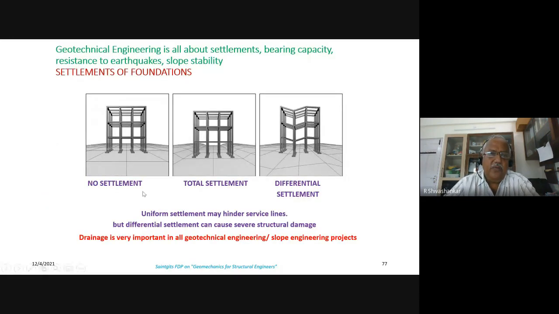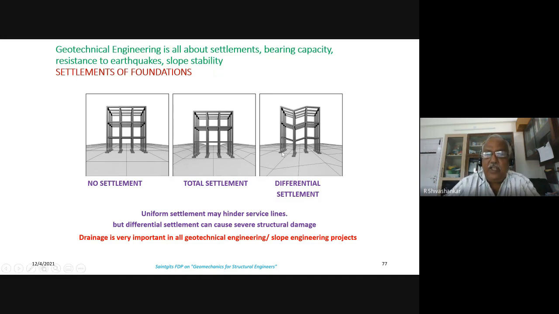We know from structural engineering parlance, if my ground is very hard and there are no settlements, very good, right? This is the ideal situation. But if there is compressible soil, of the same nature throughout beneath the structure, and the whole building settles, that's called total settlement. That's also fine. There will be no structural distress, no structural damage. So today's ground floor may become tomorrow's basement floor.